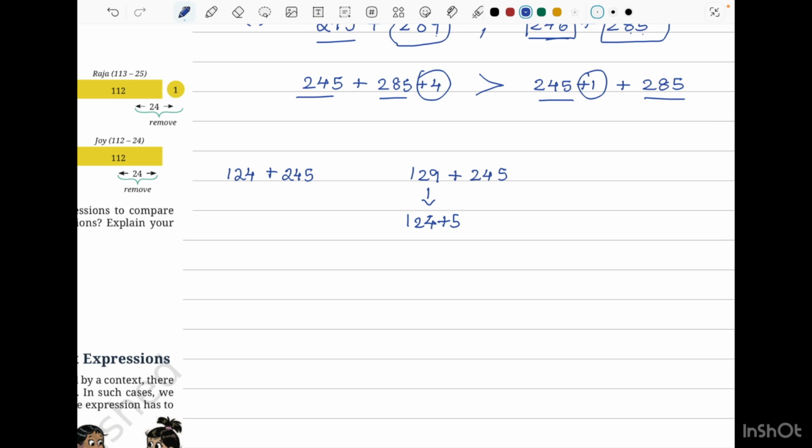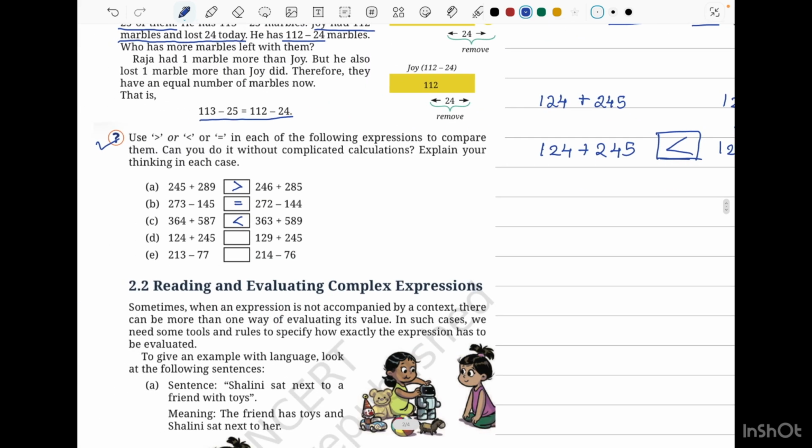And here the two numbers are equal. So we get 124 plus 245 and here 124 plus 5 plus 245. So plus 5 is more than this side. So the expression is less than.